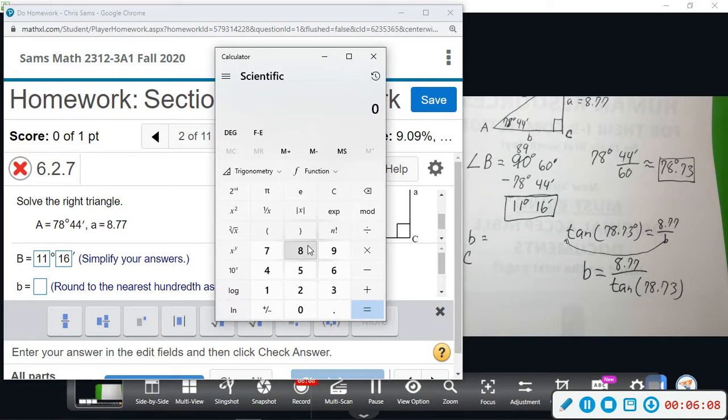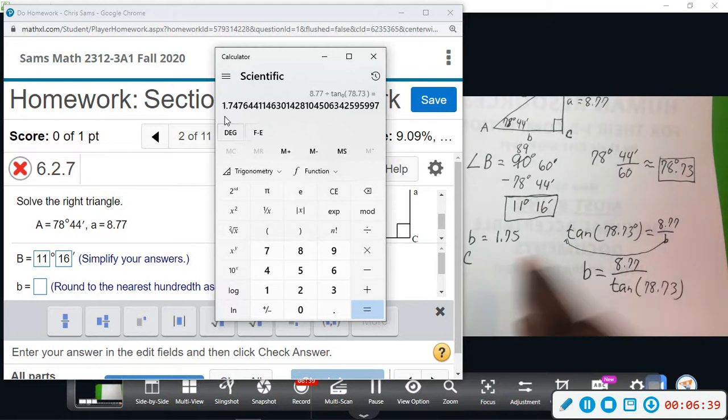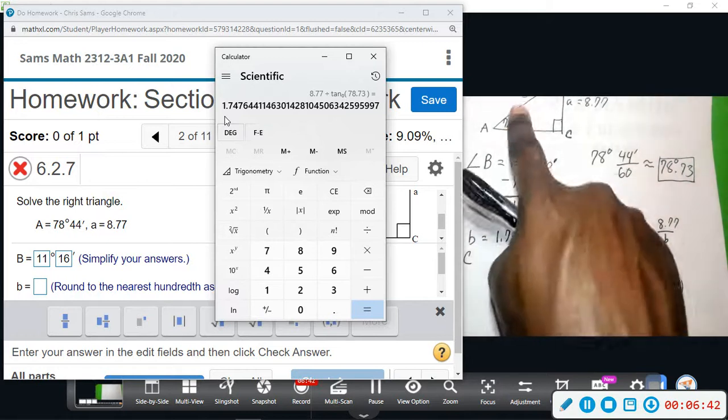Okay, so 8.77 divided by tan 78.73, and then we have to do trig tan, so that looks right up there, equal, so we get that one side is 1.74. This 7 will round that 4 up, so 1.75. So for side B, 1.75.